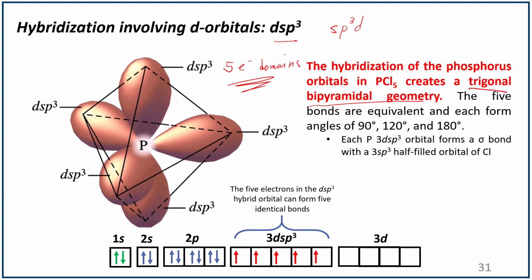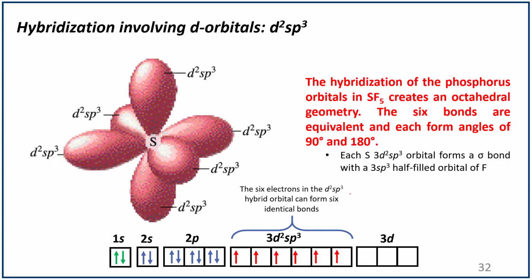So that's what the shape of a dsp3 hybrid orbital looks like. And note that as a result of the hybridization, we have 4 empty 3d orbitals. And then if we have 6 electron domains, again, doesn't matter whether it's bonding or non-bonding, then we have an octahedral electron pair geometry.